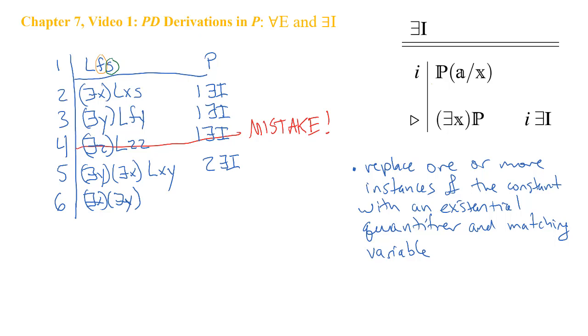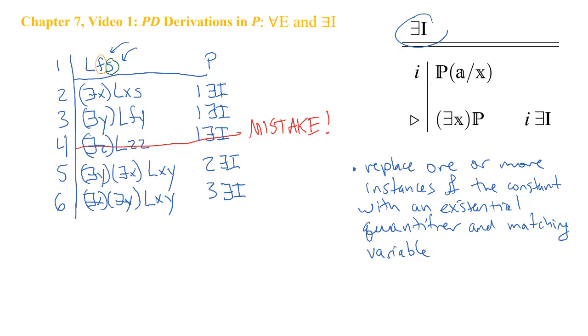Line 3 says that Fred loves someone, so we can existentially introduce into the position where the F constant appears, and we get someone loves someone from 3 existential introduction. Note that in this example, unlike Fred loving himself, we cannot get some x Lxx, because the F and the S in the primary assumption are 2 different constants.